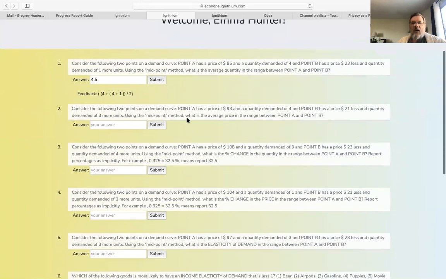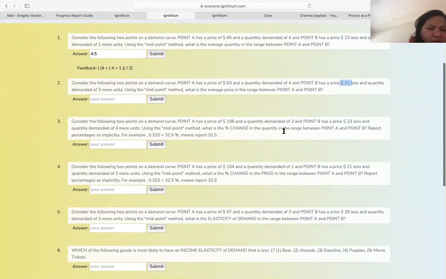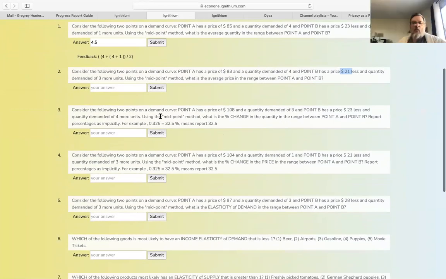And now what's the average price? Well, we do the same thing, but if we go back to our picture, we've got 2 different prices down here, so we have to calculate the average price there. Then it walks us through calculating our percentage change.